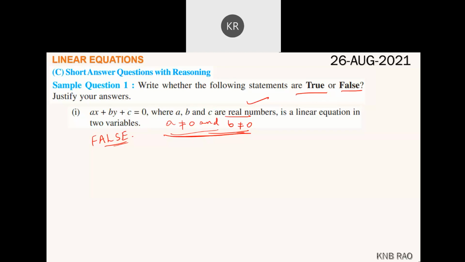These coefficients a and b should be non-zero numbers. That they are non-zero numbers is missing here. A not equal to 0 and b not equal to 0 is the condition. Then only this is called a linear equation in two variables. Understood? That is missing, so I say this is false. Is it clear now?